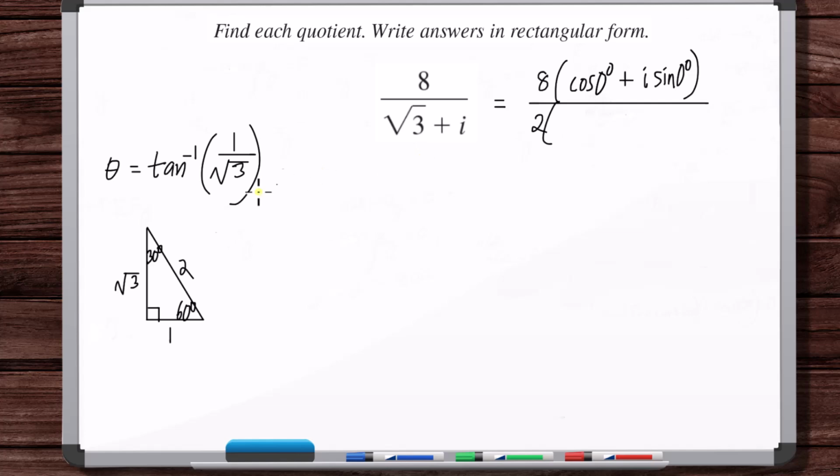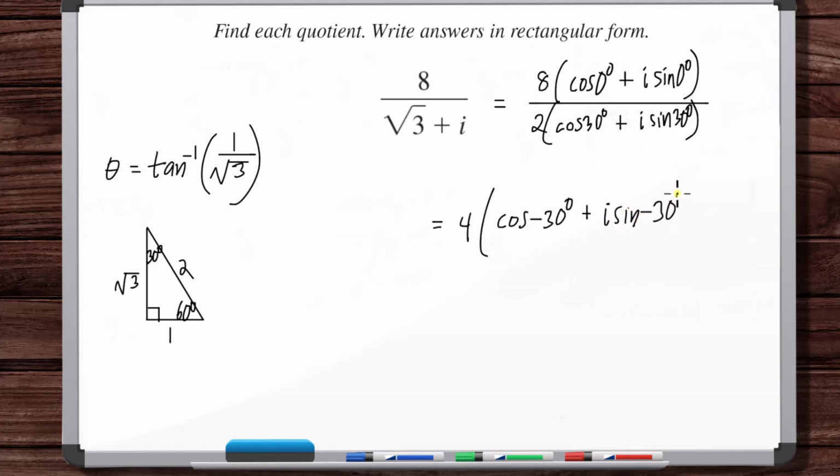This is in the first quadrant, so tangent of 30 is 1 over root 3. So this is going to be 30 degrees. Now doing the division, 8 divided by 2 is 4. And then we've got cosine of minus 30 plus i sine of minus 30.